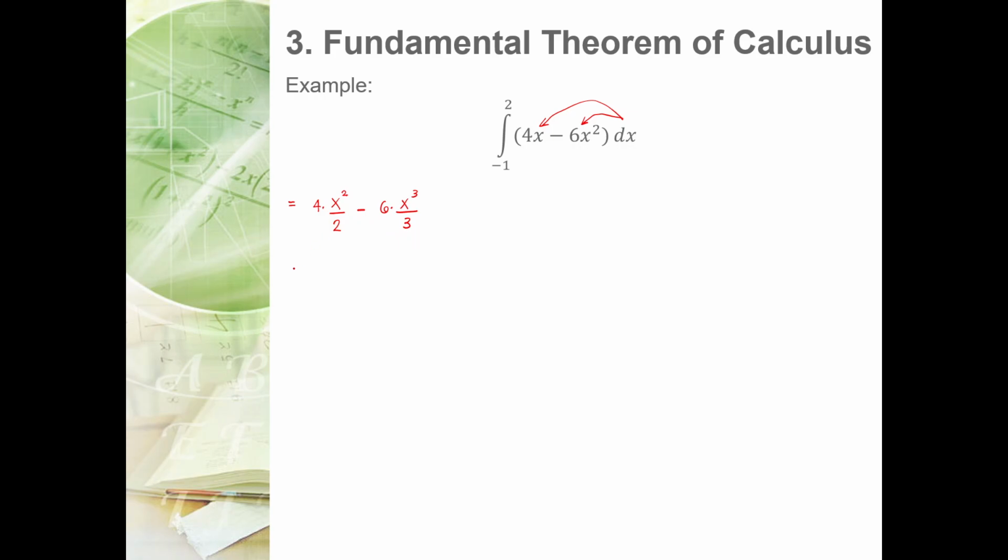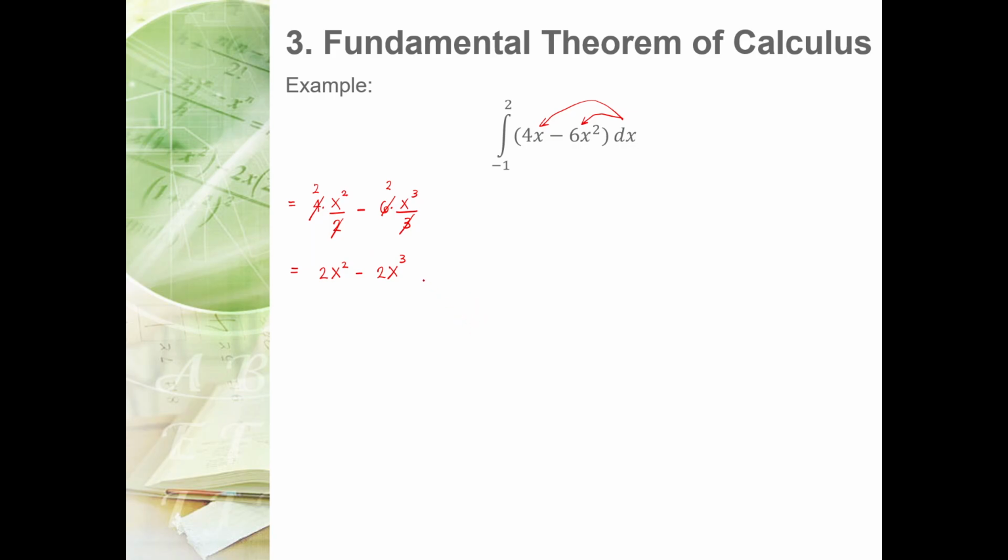Then simplifying, this will be cancelled out, then what remains is 2. Also 2 on the second term, so cancel out 3. So this is 2x squared minus 2x cubed. Notice we don't put plus c because we're now dealing with a definite integral.